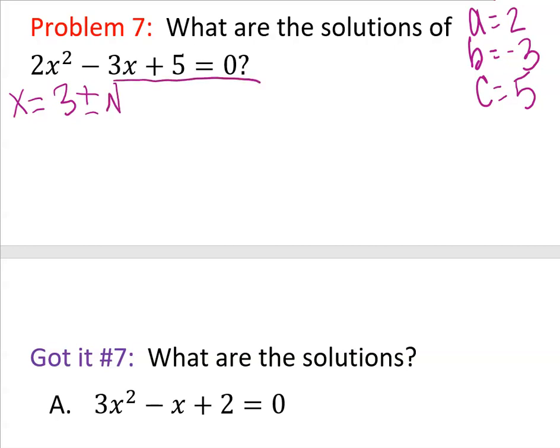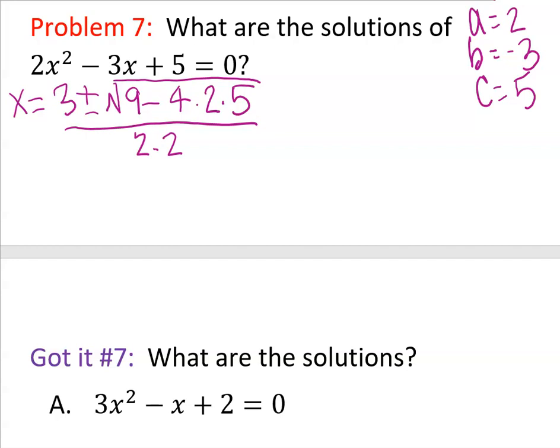Negative 3 times negative 3 is 9. Minus 4 times your A times your C. And then 2 times 2 on the bottom, 2 times A. The rest is all simplifying. So if you can get the numbers in the right place, that's the majority of the question.